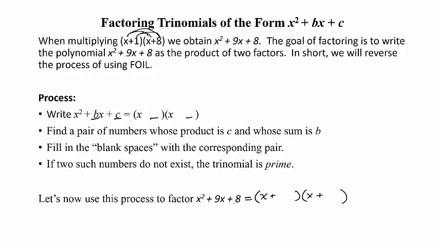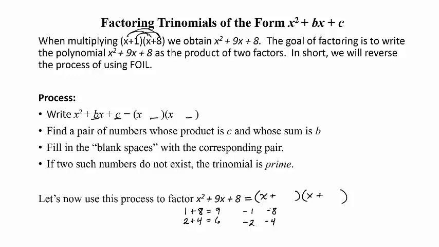Now, what are the factors of 8? Well, 1 and 8, 2 and 4. Now, there's also negative 1 and negative 8. Negative 1 times negative 8 is positive 8, and negative 2 times negative 4 is also positive 8. But when we add these together, 1 plus 8 is 9, and 2 plus 4 is 6.